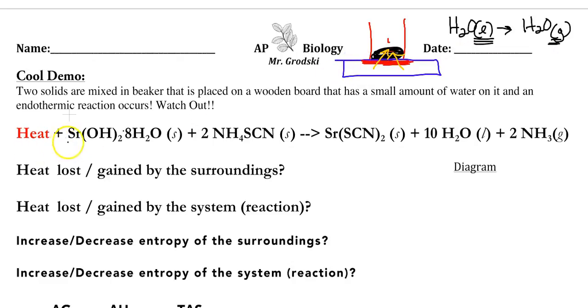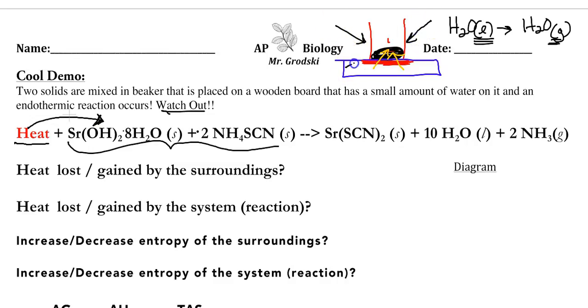Well, these chemicals, when they reacted spontaneously, grabbed onto the heat from the water. So they pulled heat from the water or the environment. They took heat from the water or the air, probably in all directions, but the water definitely lost a lot. So heat was lost or gained by the surroundings.